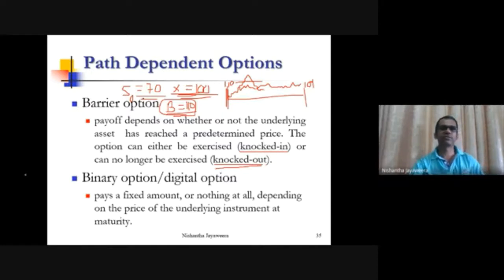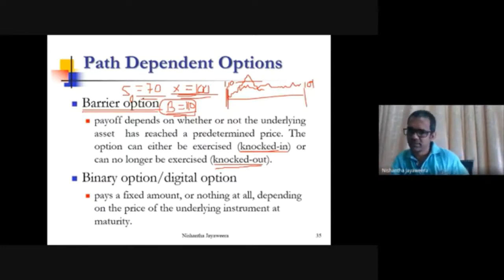That sort of options we call barrier options. Generally there are not conditions of knocked in and knocked out in the same option. Either there can be a knocked in one or a knocked out one. But yes, even if you want, you can put two price ranges, knocked in and knocked out.